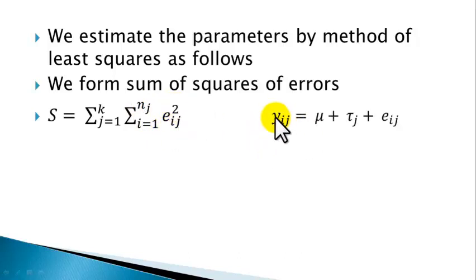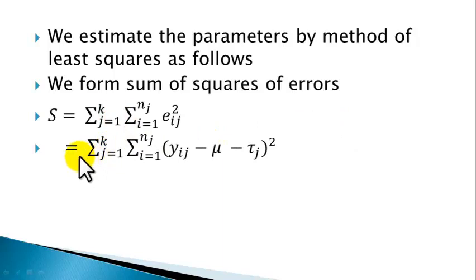We recall that our model is Yij equals mu plus tau j plus Eij. So making Eij the subject, we obtain Eij equals Yij minus mu minus tau j. So the sum of squares of errors will now become the sum over j from 1 to k, sum over i from 1 to nj of (Yij minus mu minus tau j) all squared.